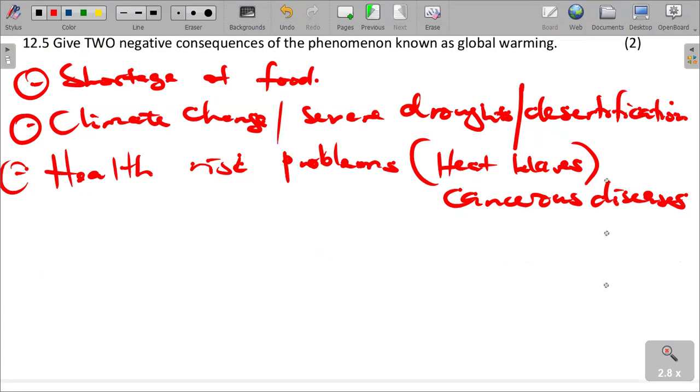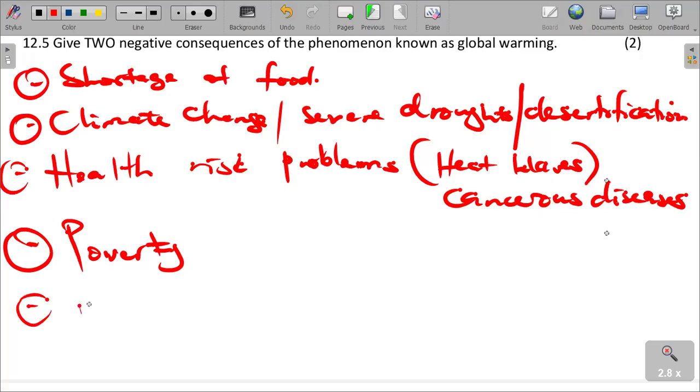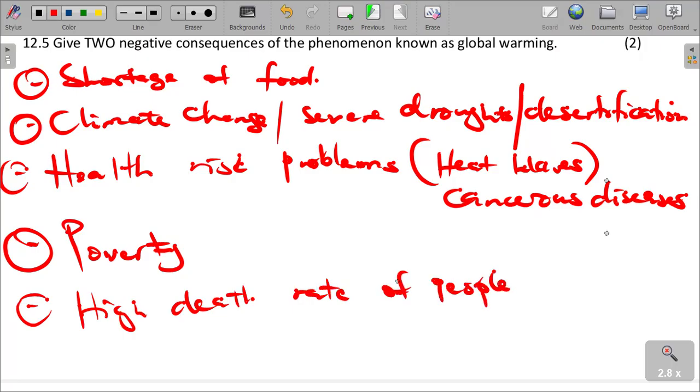Another problem we can talk about is poverty. People will lack basic needs because of extreme bad weather conditions. We can talk about high death rate of people, caused by very uncomfortable weather conditions.